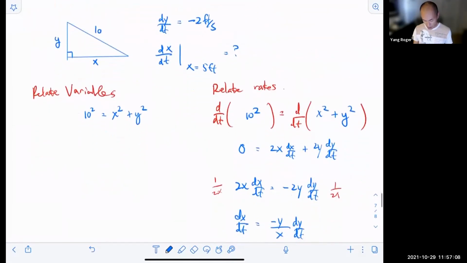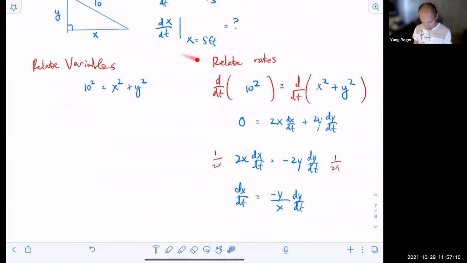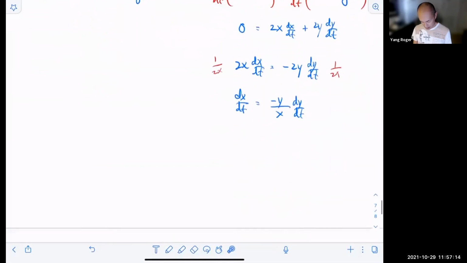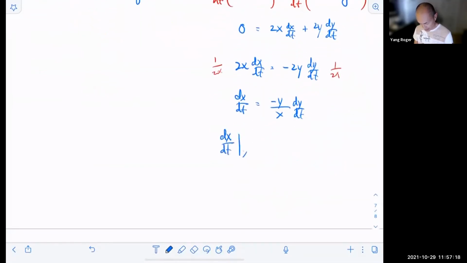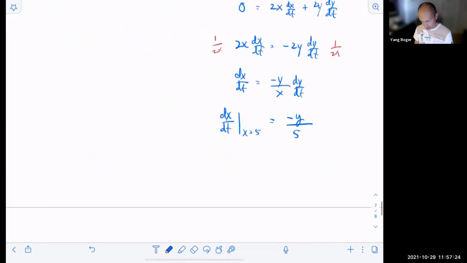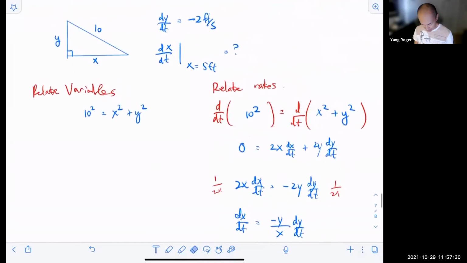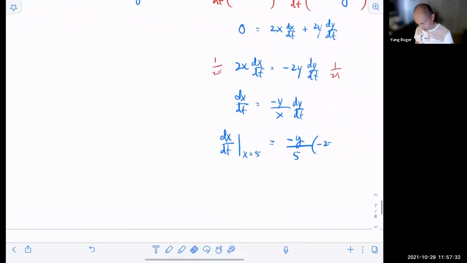Next, I want to know the rate when x is equal to 5. So I'm going to put dx dt when x is equal to 5. I'm going to get negative y over 5. dy dt, they told me, was negative 2.